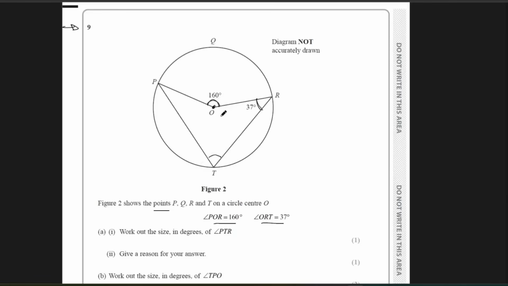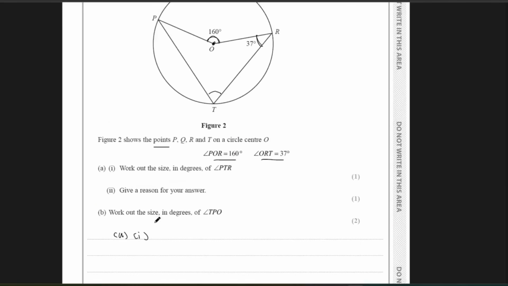And we can clearly see that we have the angle at the center, and angle PTR is the angle at the circumference. And we can use the rule. We can say angle PTR is equal to 160 divided by 2. This is equal to 80. Number 2 says, give a reason for your answer.